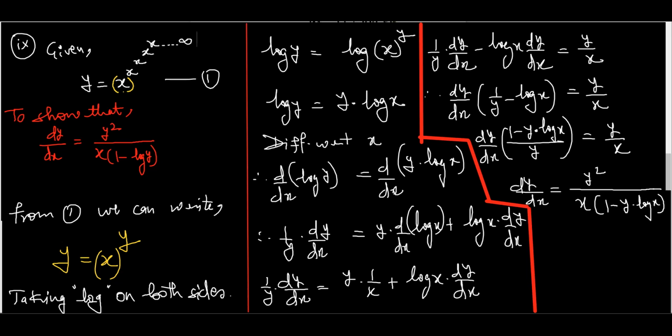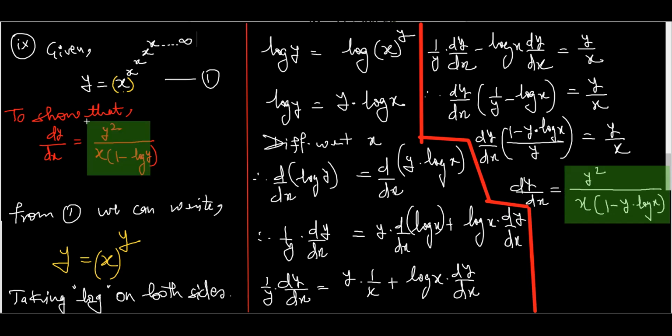Do not bother yourself because the dy by dx is not matching what they demanded. They demanded y square upon x into 1 minus y, and you are getting y square upon x into 1 minus y log x.